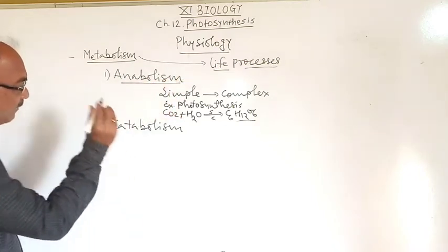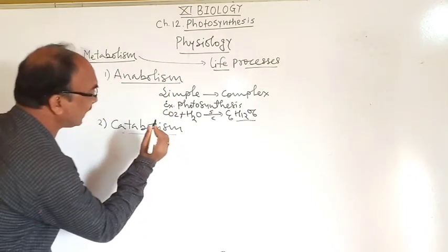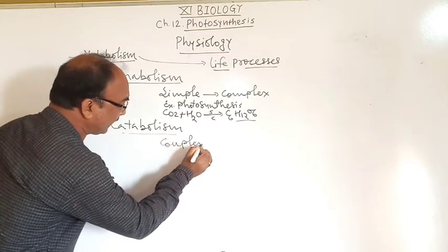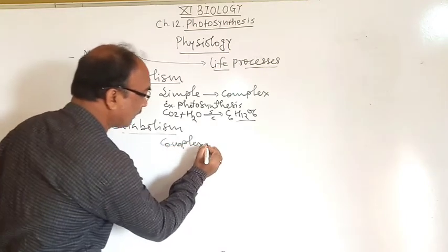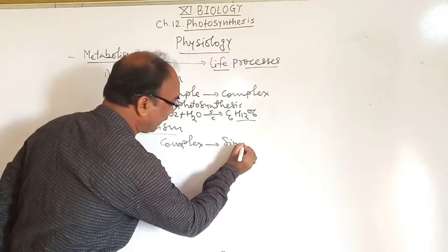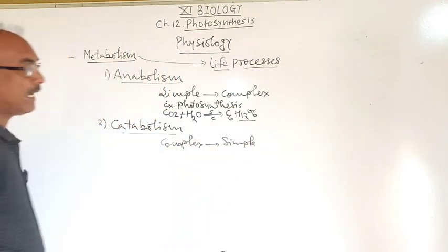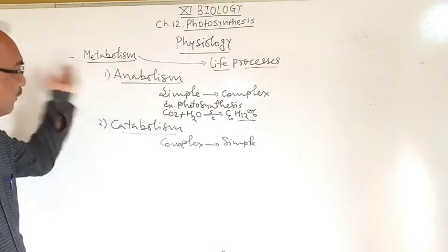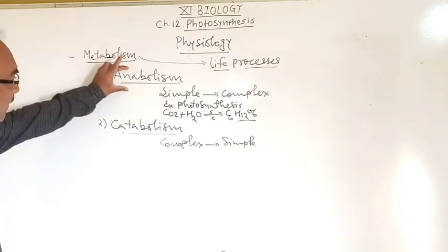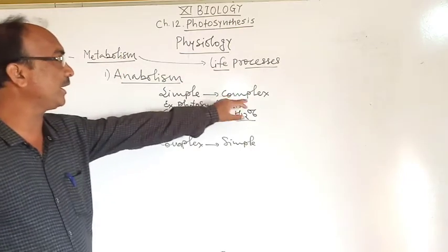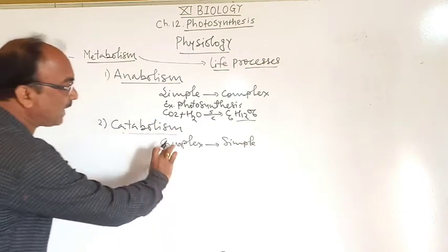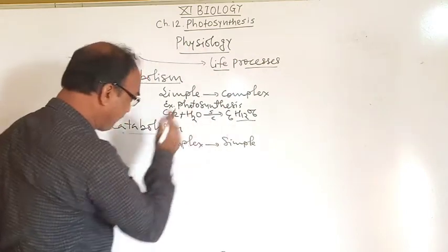And catabolism is a process in which complex substances are converted into simple substances. Means the opposite of anabolism. In anabolism simple is converted into complex, and in catabolism complex is converted into simple.